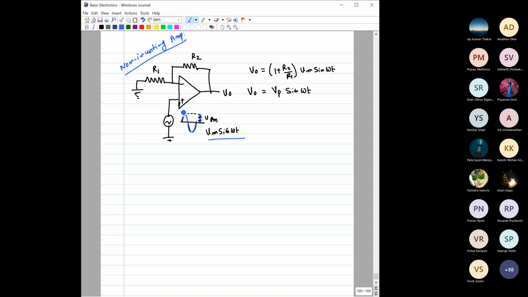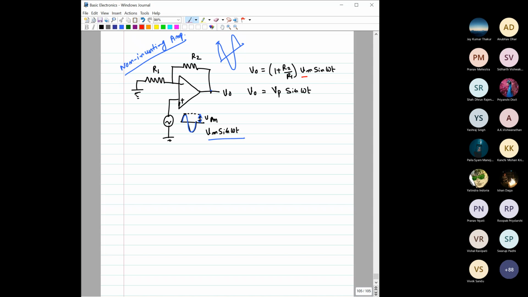At the output, since it is non-inverting, we will also get a similar sinusoidal signal with a higher amplitude, because the gain is 1 plus R2 by R1. So let us do this analysis and see if we can relate the slew rate and the amplitude and frequency of this signal.